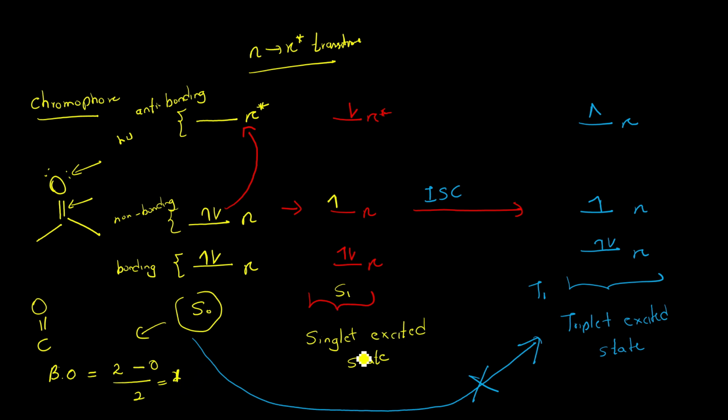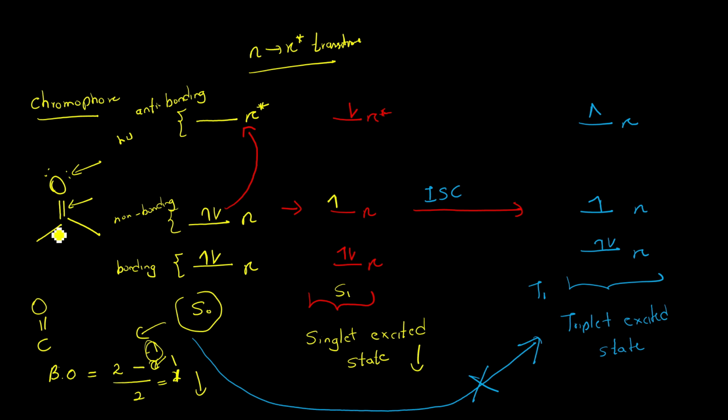Now in the excited state, you will see there's an electron on the antibonding orbital. So there's a reduction in this case. This is not 0 now, this is 1. So you can see the bond order is now decreasing. In this excited state, we have a lower bond order compared to the ground state. Now, what does this bond order mean? Bond order means the energy, otherwise the stability of your bond.